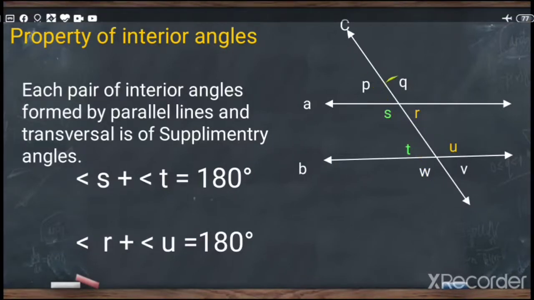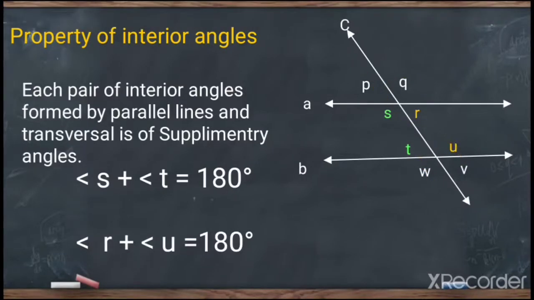Therefore, angle Q and angle U are congruent. Now, angle Q is congruent with angle S because both angles are opposite angles. Now, if you add them, the addition of angle U and angle T is 180 degrees.